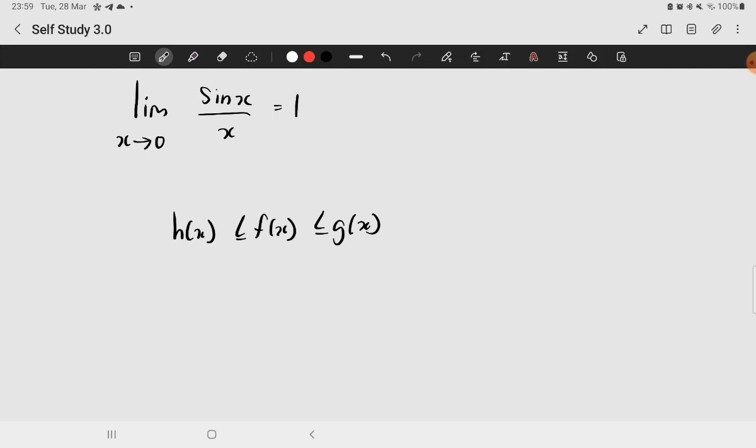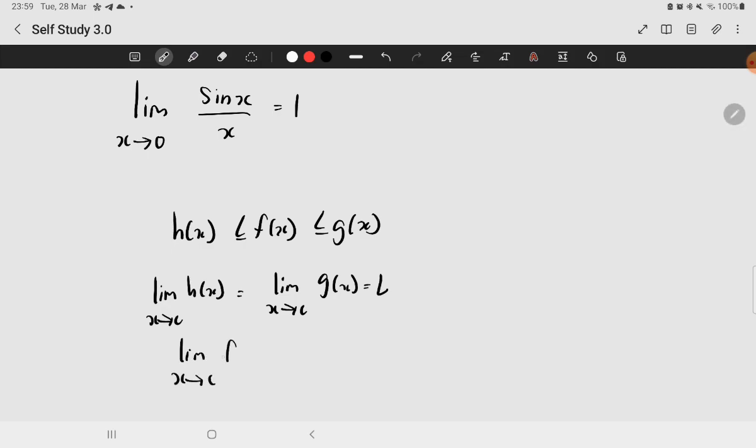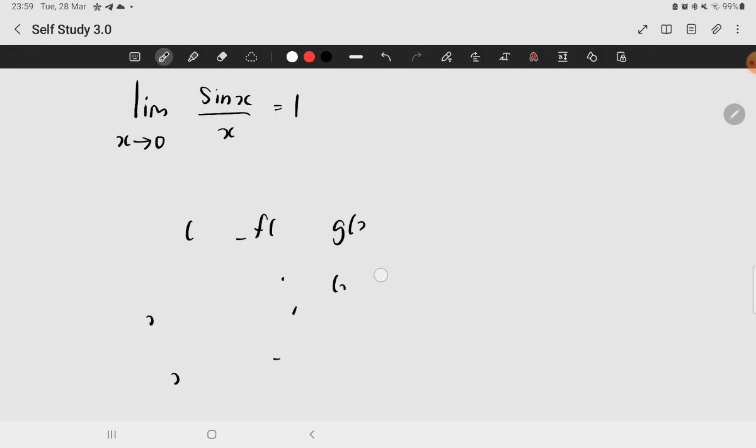Here we argue that if the limit as x approaches c of h of x is equal to the limit as x approaches c of g of x, and it gives us a real value L, then by the theorem itself, we know that the limit as x approaches c of f of x will be L as well. So that's basically the informal explanation of the squeeze theorem, which some books call the sandwich theorem. Nonetheless, it's the same theorem.